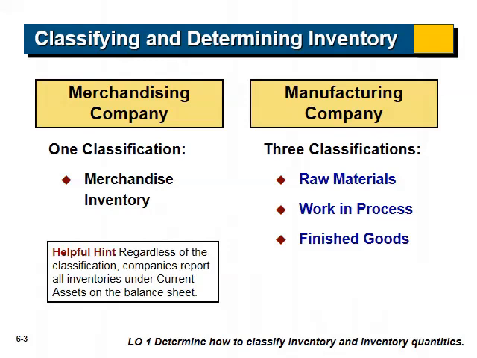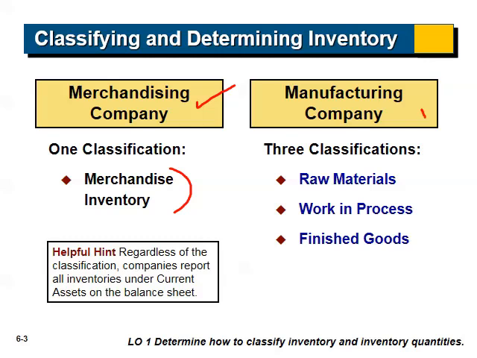In terms of classifying and determining inventory, in the last chapter we talked about merchandising companies. Remember, that was in chapter 5. And there's only one classification of inventory, which we call merchandise inventory, because they're buying inventory from a manufacturer.